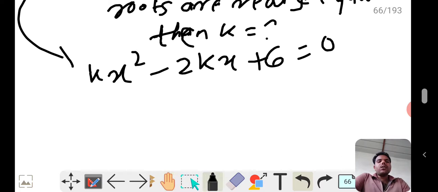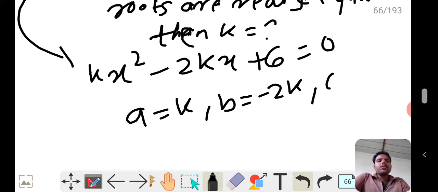By comparing this with our general equation, that is ax square plus bx plus c, we will get a is equal to k, b is equal to minus twice k and c is equal to 6.